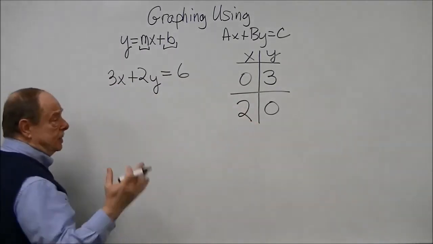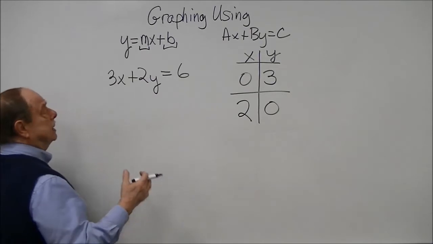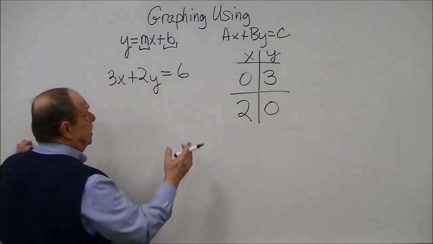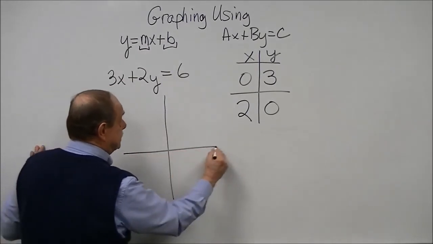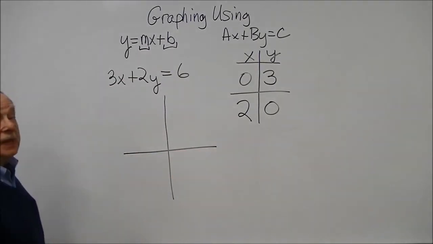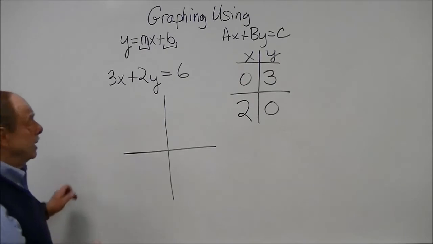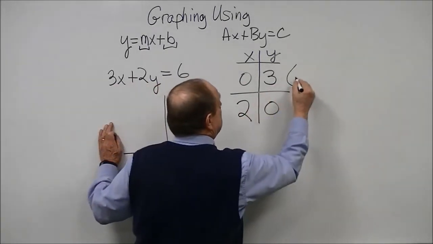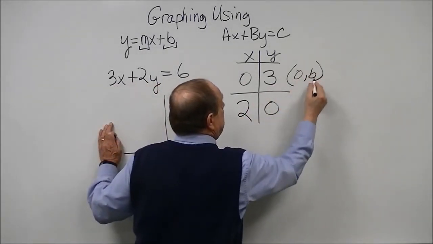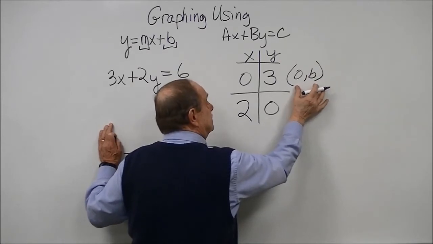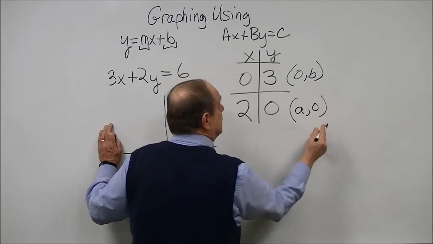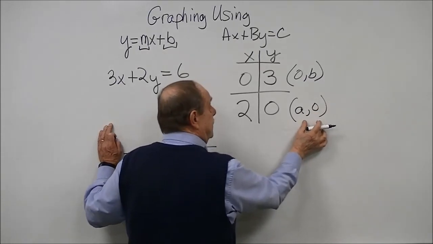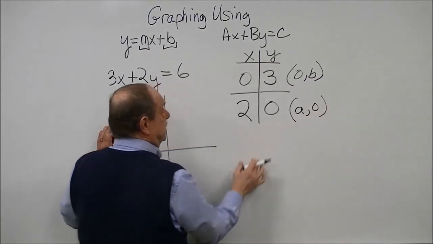So again, you have to be careful of the signs, check your work, but using this X and Y t-chart, and in some cases they're going to ask you to find the intercepts. Remember, this is in the form of (0, b), which is your y-intercept, and (a, 0), which is the form for the x-intercept.